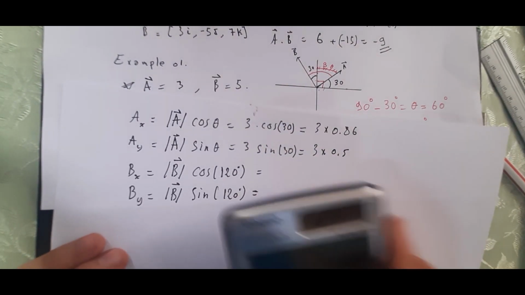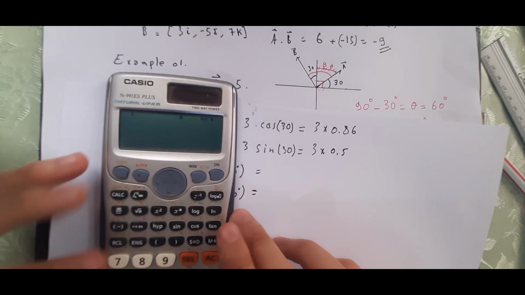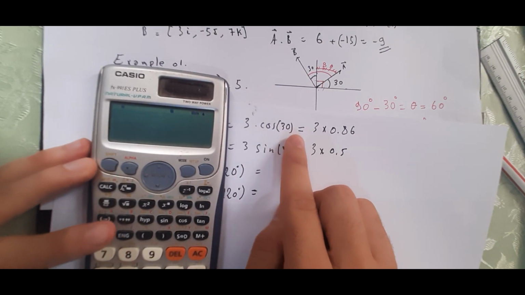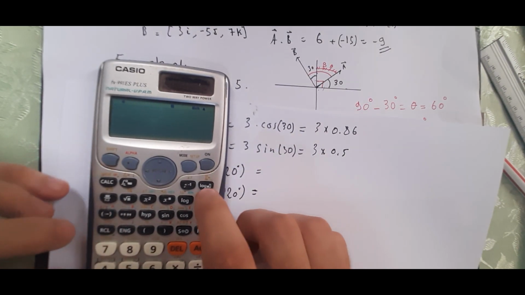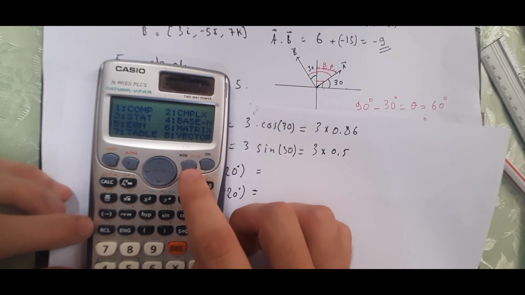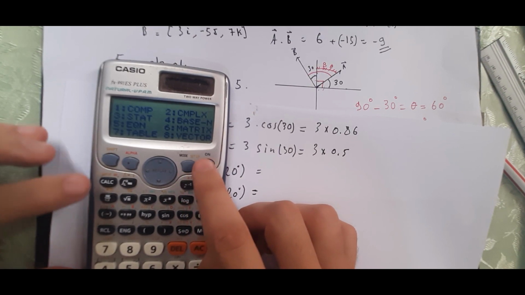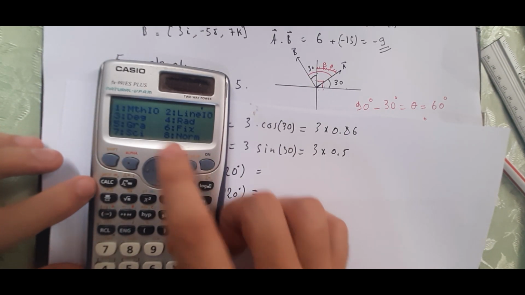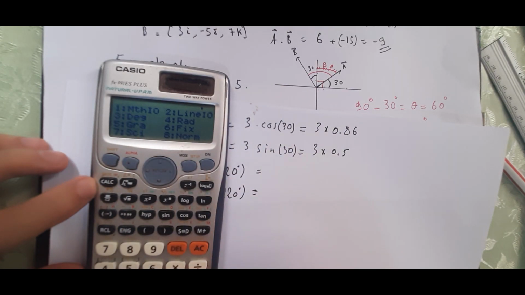So let me get my calculator. We have 3 times cosine of 30. First of all, we have to make sure we are on degrees. So we click shift and then mode, and we have to use degrees.